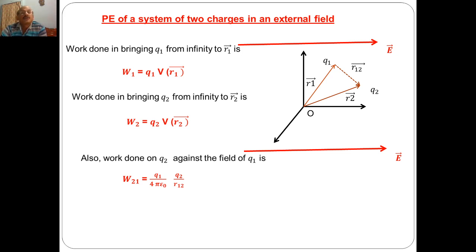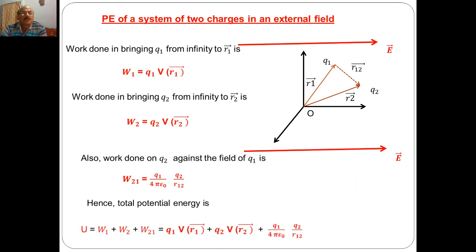Hence, we can say the total work done in assembling two charges in presence of external field is W1 plus W2 plus W21, and that will be q1 V at r1 plus q2 V at r2 plus q1 q2 by 4 pi epsilon naught r12.